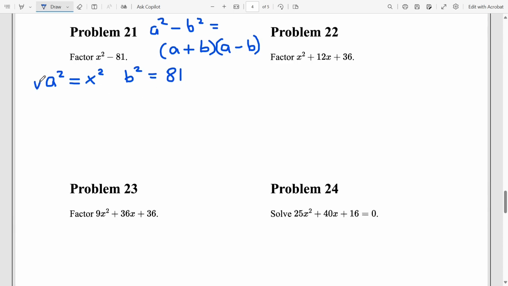well then square root of a squared, which will give us a, is going to be equal to x. And if I take the square root of b squared, which is going to give me b, I also have to take the square root of 81. So I take the square root of one side, I have to take the square root of the other. So b is going to be 9.